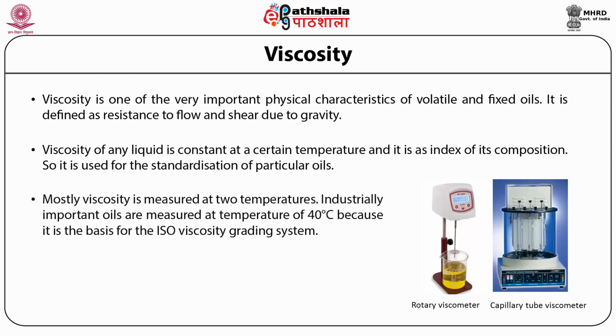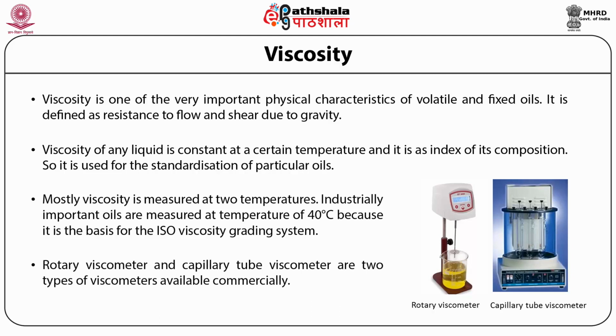Mostly the viscosity is measured at two temperatures. It can be determined by using a rotary viscometer or a capillary tube viscometer. There are several models available for these viscometers based on rotary or capillary tube viscometers.